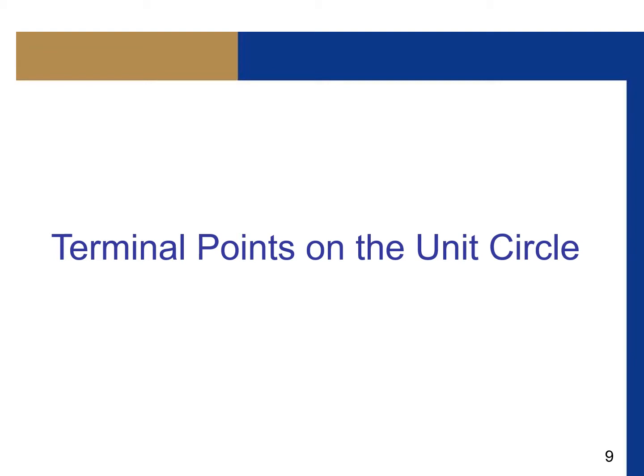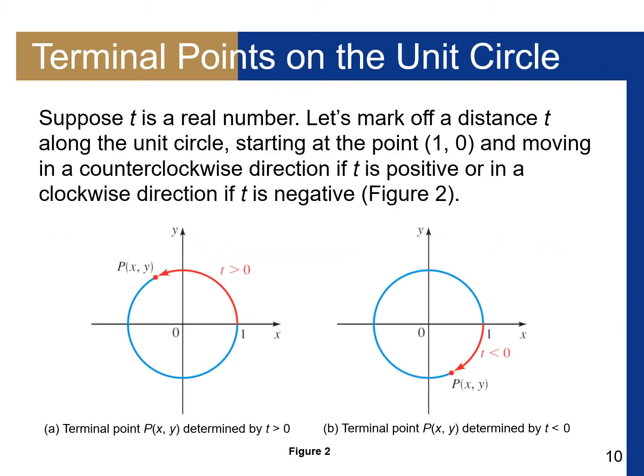Now we're going to take a look at points that are called terminal points on the unit circle. Here we are starting at 1 on the x-axis, and we are going counterclockwise in this direction, and we stop at some point, and that point is then called x comma y.